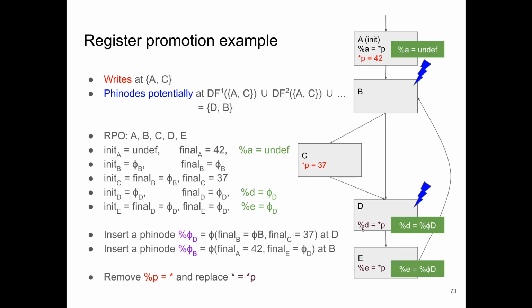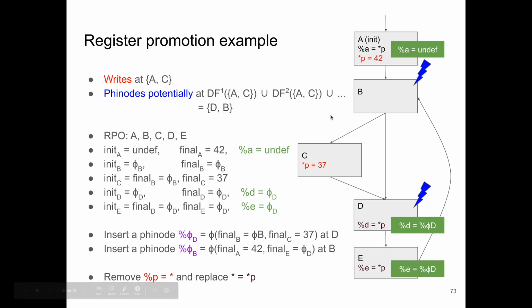Furthermore, we know that this ampersand D should be the phi node of D. And as a result, we can safely replace all the uses of this ampersand D with ampersand phi node D, which is not yet inserted so far, but which will be inserted just in a minute. Similarly, ampersand E should be replaced with ampersand phi node D, and these instructions can be removed.